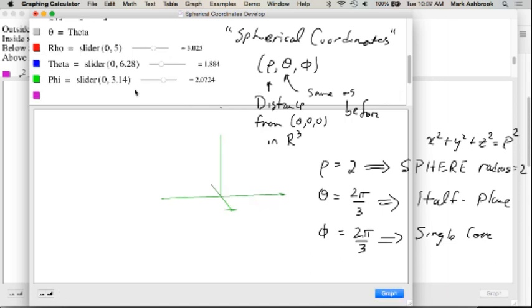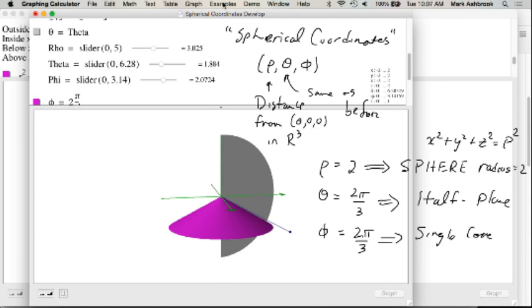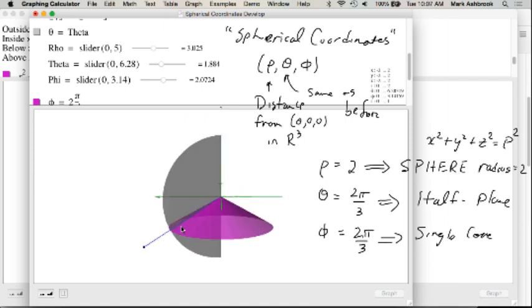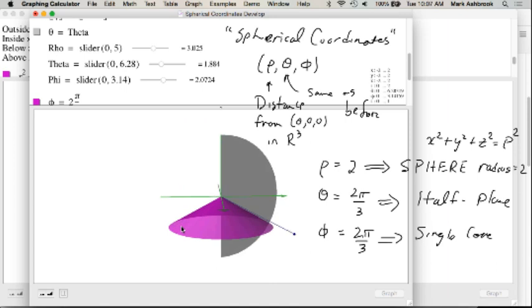If I do phi equals 2 pi over 3, there it is. That's the cone phi equals 2 pi over 3. Single cone.